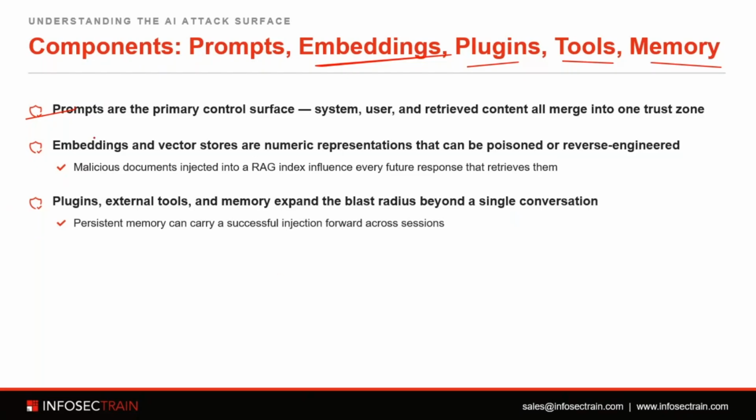Right? Then we have embeddings. Embeddings are numerical representations of text, images, or other data that capture the semantic meaning. Your model cannot understand English. What it can understand is numbers.